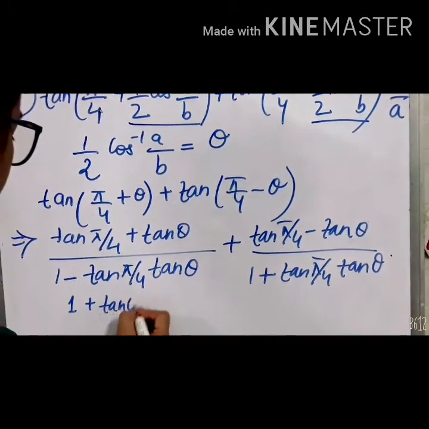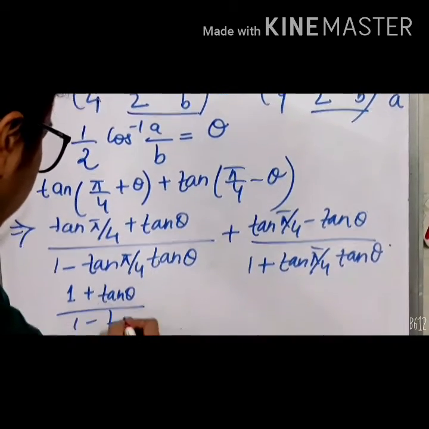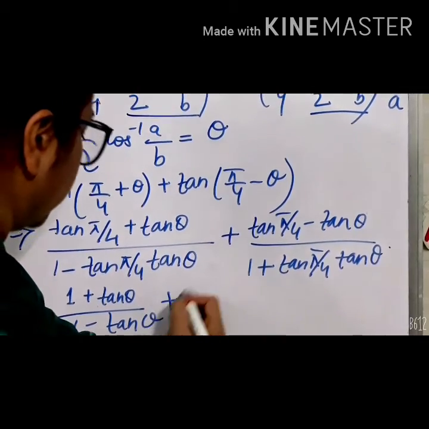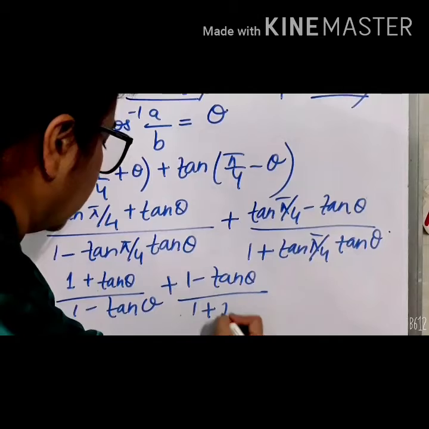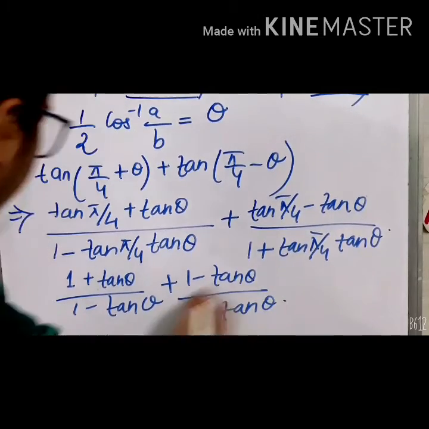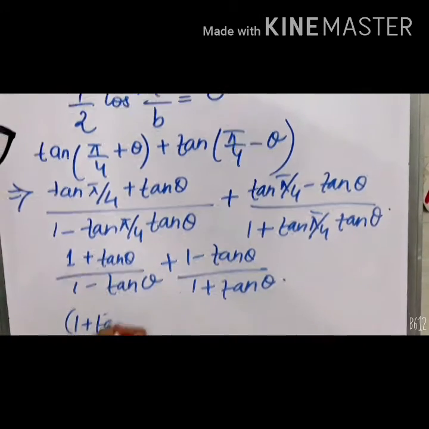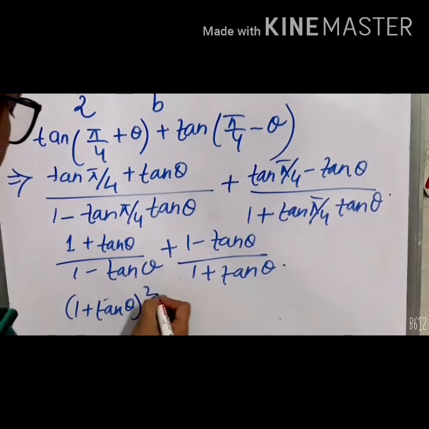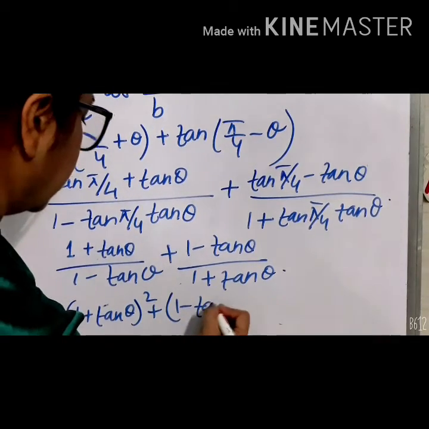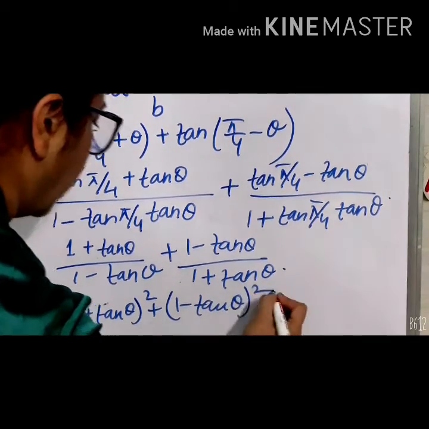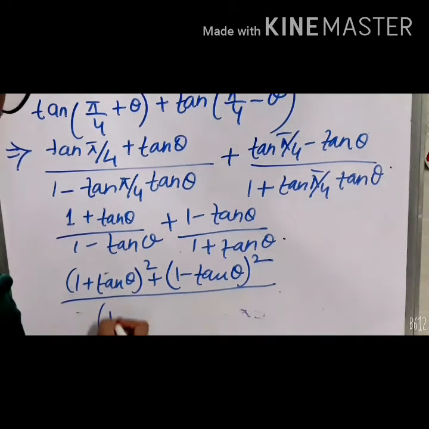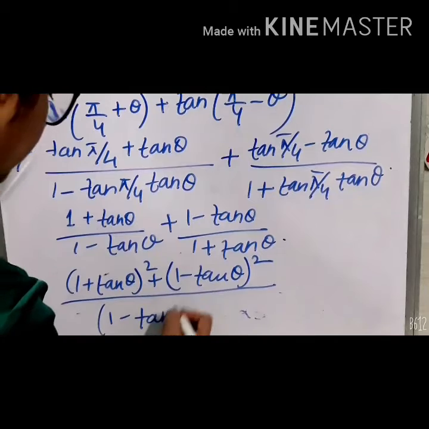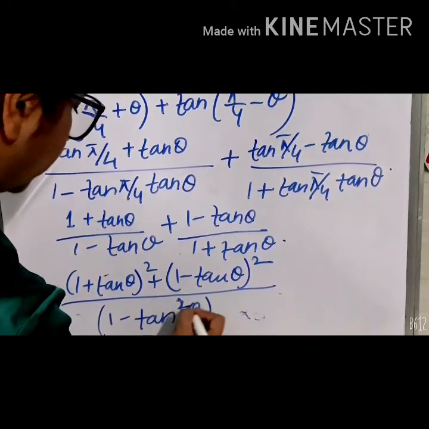It becomes 1 plus tan theta by 1 minus tan theta. Here also it becomes 1 minus tan theta by 1 plus tan theta. Take LCM. It becomes 1 plus tan theta whole square plus 1 minus tan theta whole square. Down part is A minus B into A plus B, it becomes A square minus B square.